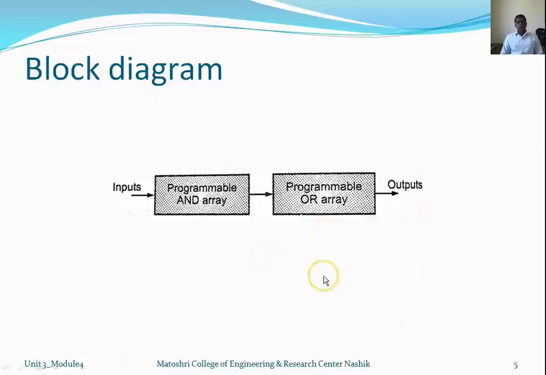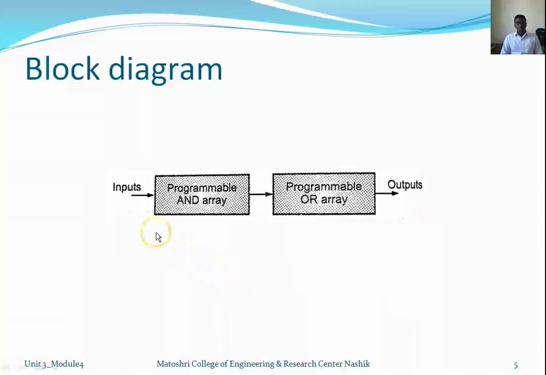This is the basic block diagram of the PLA, in which you can clearly see that the AND array is programmable, followed by the OR array, which is also programmable. The input signal is handled by the programmable AND array, and then given to the programmable OR array.